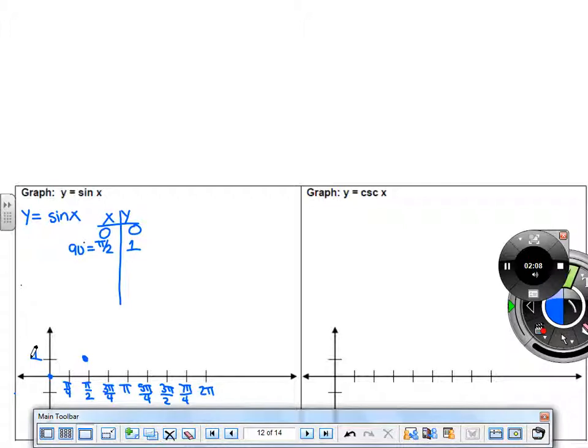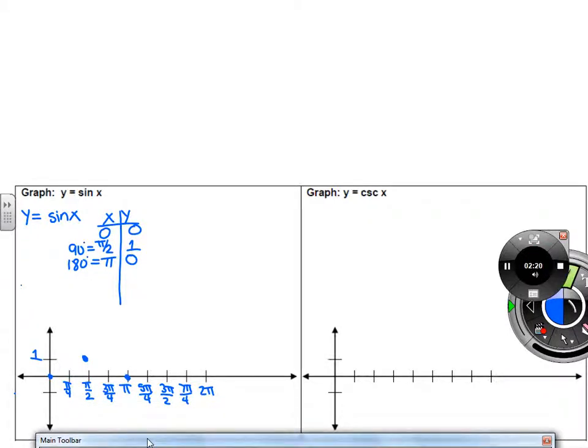Then the next measurement I'm going to plug in is 180 degrees, or in radians pi. And then the sine at 180 degrees gets back to 0. Then the next one I would plug in is 270 degrees, or 3 pi over 2. And the sine there is negative 1, so that's where it reaches its minimum.